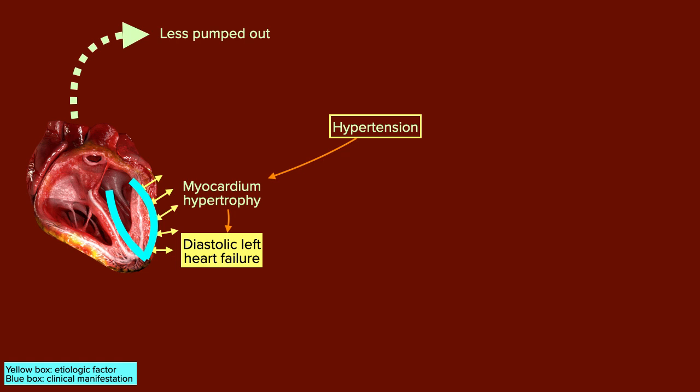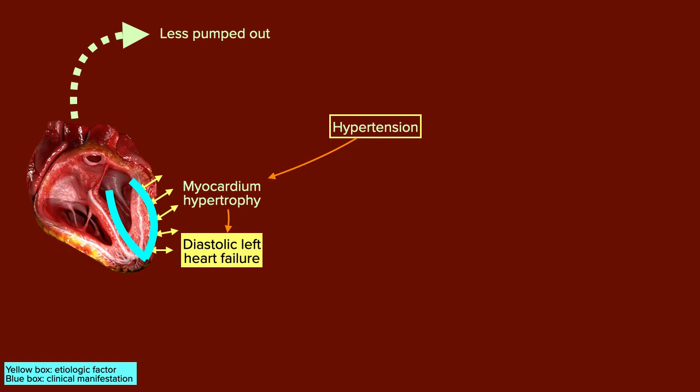Okay, in hypertension, remember how the left ventricle hypertrophied? Well, that hypertrophy is concentric, which means that the new sarcomeres are generated in parallel with existing ones. And this means that as the heart muscle wall enlarges, it crowds into the ventricular chamber, resulting in less room for the blood, meaning that in addition to contributing to systolic dysfunction, hypertension also causes diastolic heart failure.